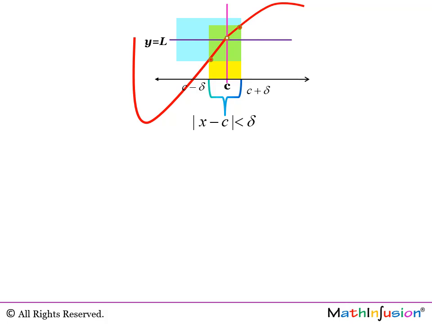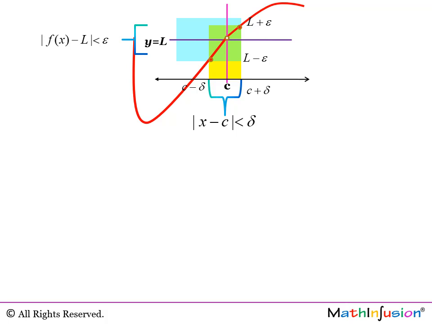What does it mean to be a narrow stripe about L? It means that the higher point is between L and L plus epsilon, and the lower point is supposed to be between L and L minus epsilon, which means that the 2 points have to be in this blue stripe.